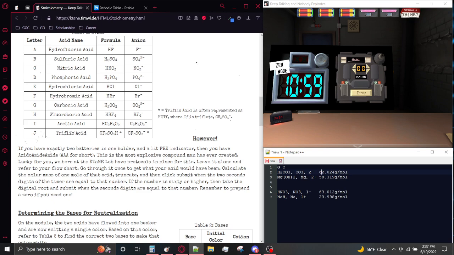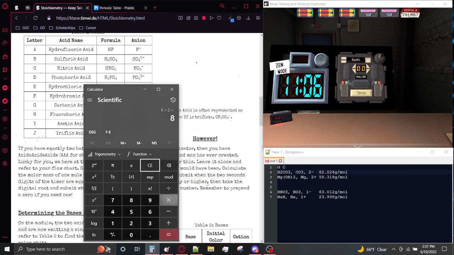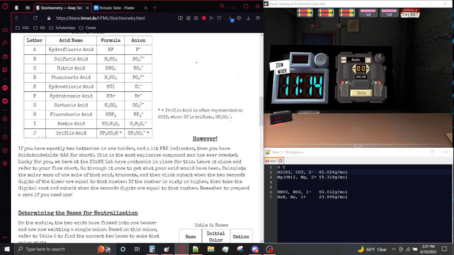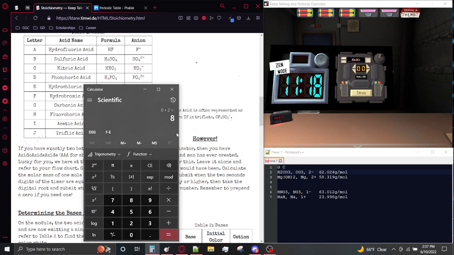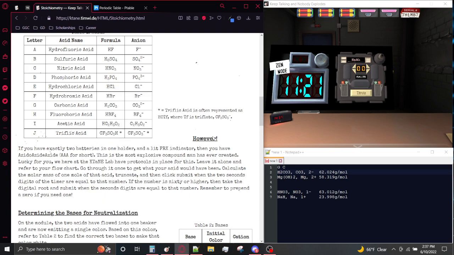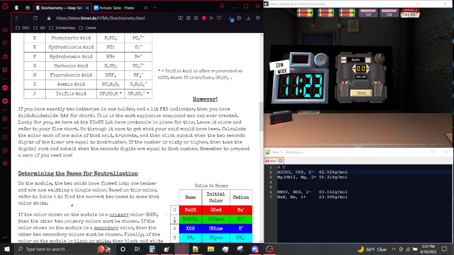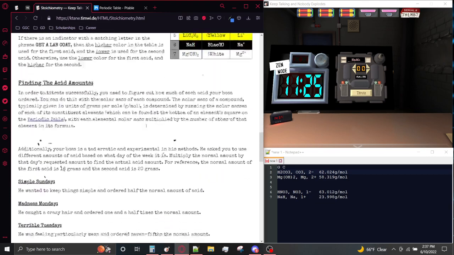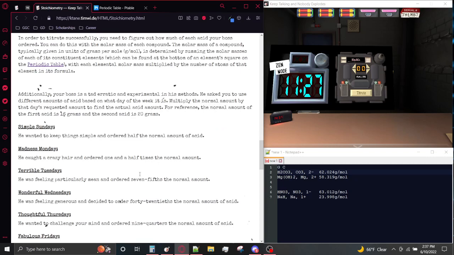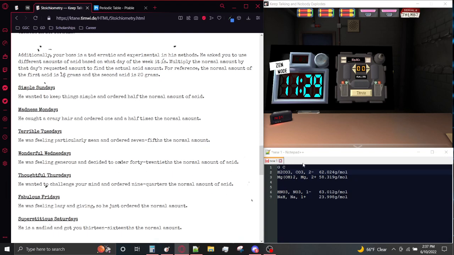I'm sure you know what digital root is by now if you're this far into the community, but if you don't, then the digital root is just taking the sum of the digits until the digits are a single number, which would be 8 for this case. Then we're going to press titrate when the last 2 second digits are 0, followed by the digital root. But that's not the case, that's just going over how the unicorn works. Let's go ahead and get back to the calculations.